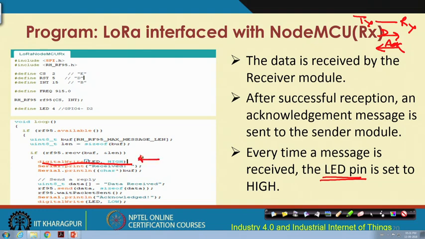This is a loop which runs to receive the data. It is listening over the channel. This receiver is listening continuously through a loop to see if there is any data being received, and the transmitter had sent the message packaged in this manner.